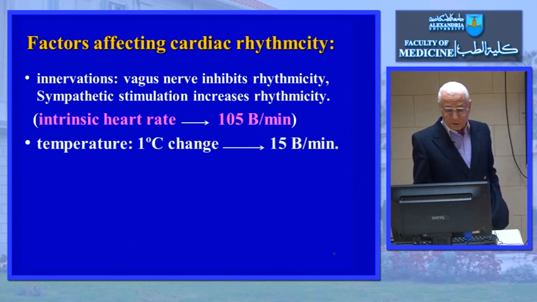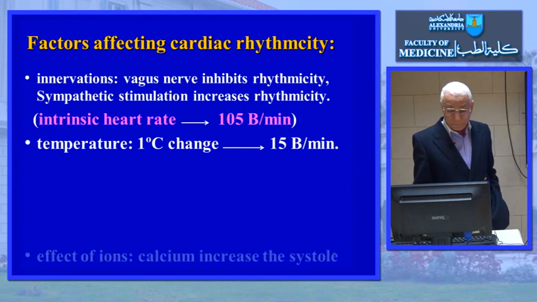Temperature: any change in body temperature by 1 degree centigrade changes the heart rate about 15 beats per minute. If it increases, rhythmicity increases. If it decreases, rhythmicity decreases by this ratio.